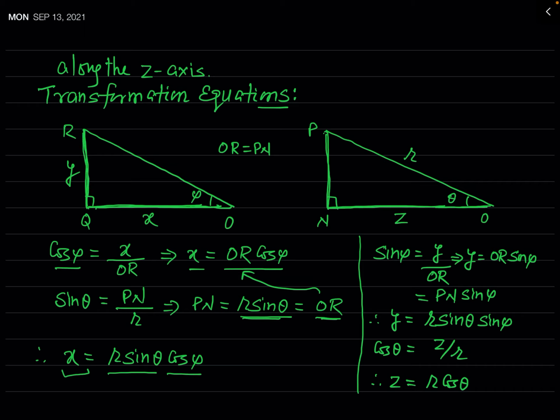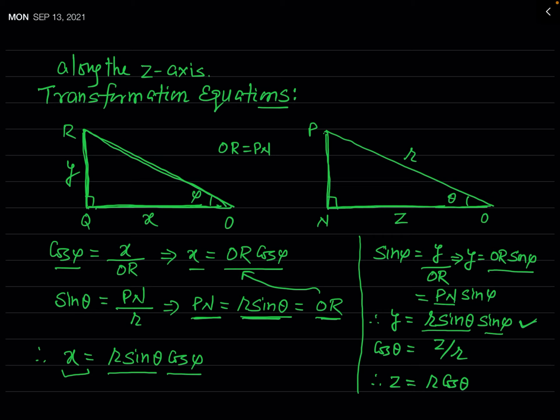So y is OR sin phi, and as you have seen, this OR is equal to Pn, so OR has been replaced here by Pn. But we have already evaluated Pn, which is r sin theta. So y is r sin theta sin phi. And this is your second transformation equation.